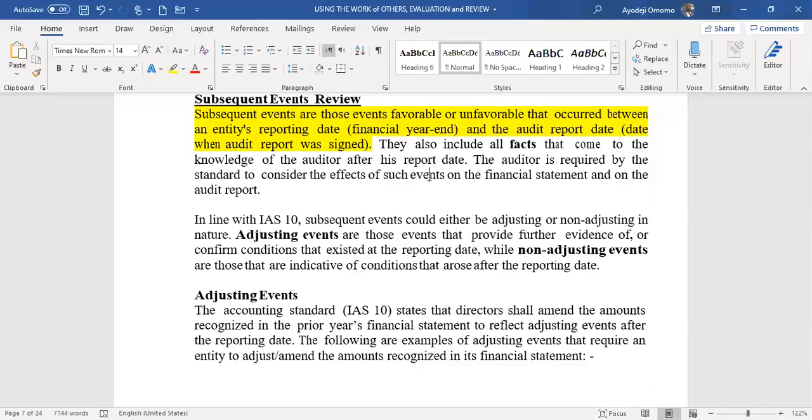Grace says she thinks it should not be left there. Why? Because it's going to affect what is in the financial statement. So that means you're in the same position as Ayo. Over to you.